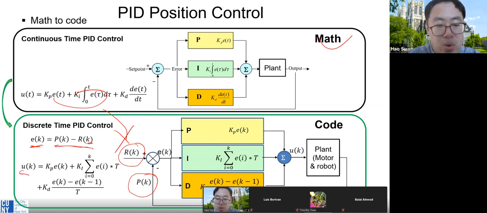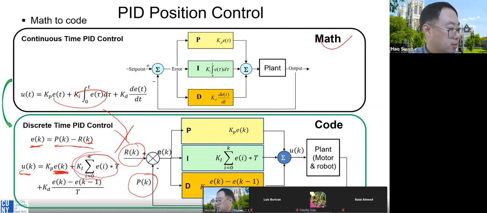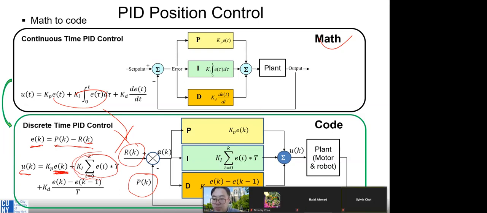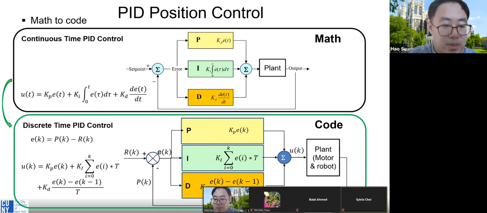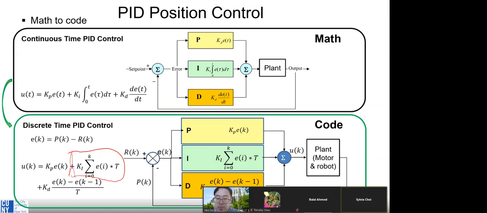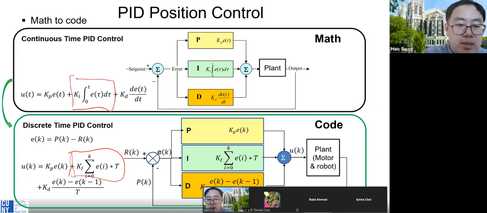And to get the U, you also need to calculate, for example, the UK. This is the current error. What is the second term here? It's a summation of the error, and this is the discrete domain version of the integration.